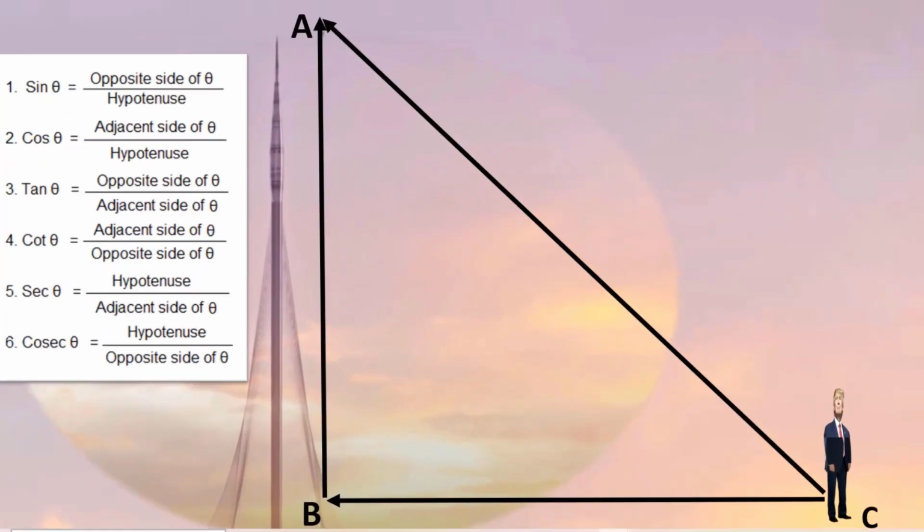In our example, to find the height of the tower, we need the same information. Now, let us say Mr. Trump is standing just 60 meters away from the bottom of the tower.